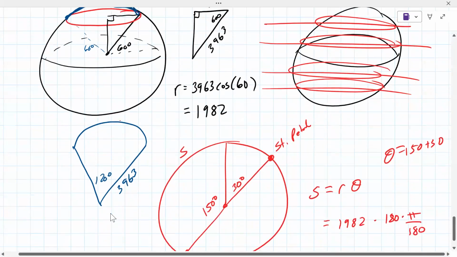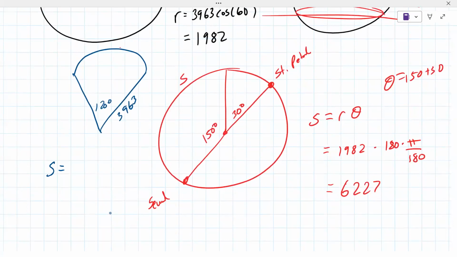So this is another S equals R theta calculation. S equals 3963 times 120 times pi divided by 180.